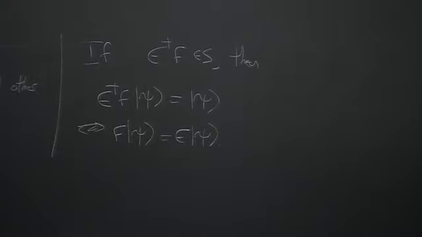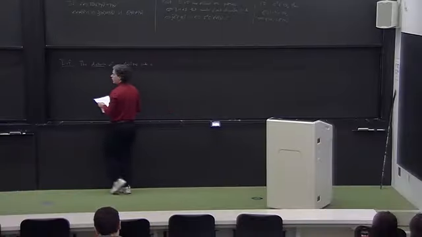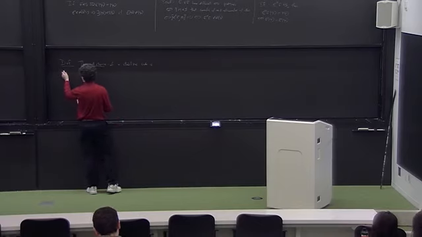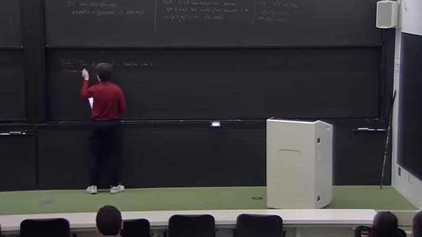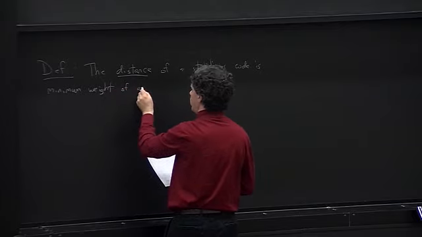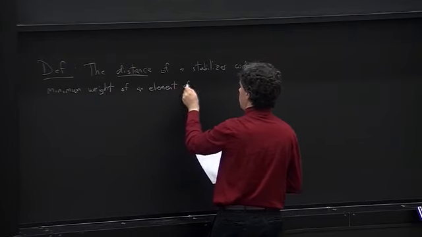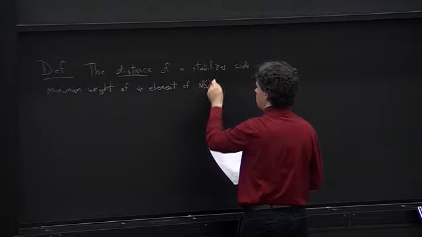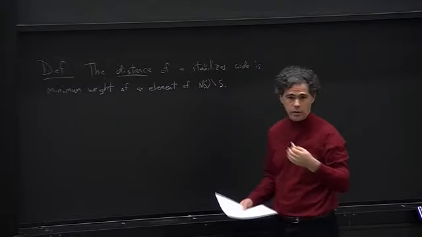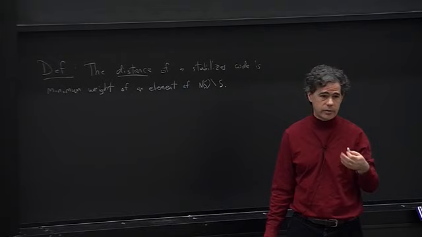So we say the distance of a stabilizer code is the minimum weight of an element of N(S) minus S. So the weight is the number of qubits it acts on non-trivially.